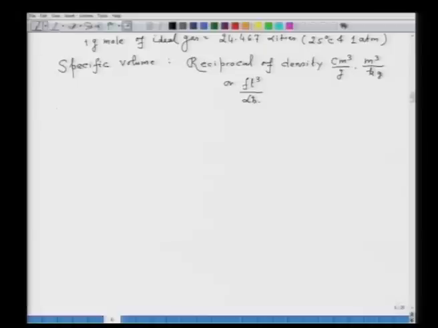Now, composition. Composition can be expressed in terms of mole fraction or mass fraction.